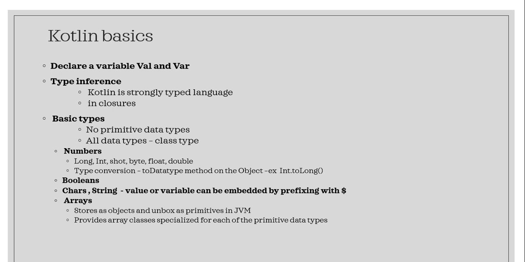If you want to omit the boxing and unboxing of primitive types, we can store primitives in an array directly. For that, Kotlin provides data types called CharArray, ShortArray, IntArray, and BooleanArray.